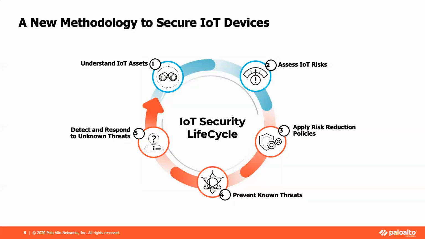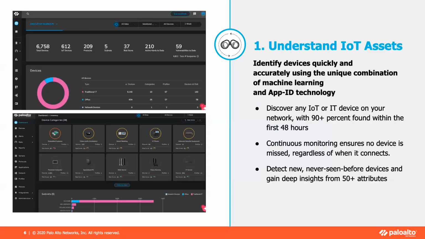So if we look at these 5 different things again, we'll start with number 1 there, understanding IoT assets. We have the ability to discover any sort of IoT or IT device in your network. Most of them within about 48 hours, about 90%. It depends on how often they connect.